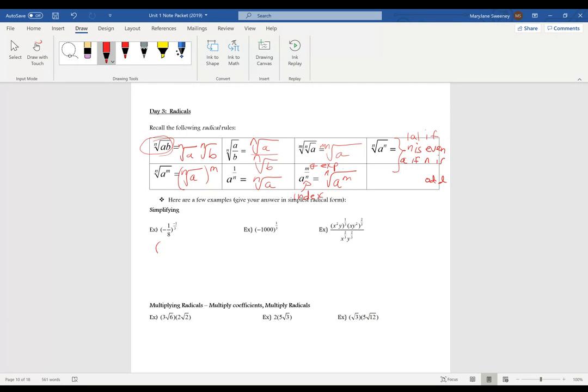So negative 1/8 goes to negative 8. And when you flip the base, the exponent becomes positive. So sometimes people think that they have to change the sign on the base. Negative 1/8 still stays negative. It's just 8. Then the exponent is positive.